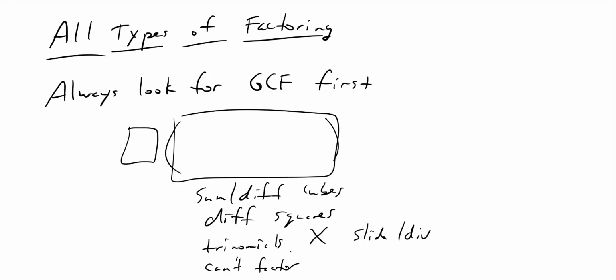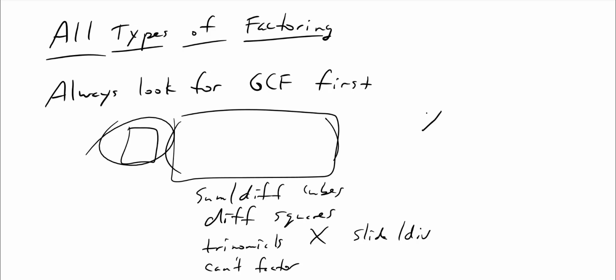So you're just going to do a greatest common factor. That's it. Now it's pretty easy to recognize whether you can factor any more, and sometimes you get a crazy problem. So I'll start out with a crazy problem where you can only do a greatest common factor, and you'll recognize it pretty easily.